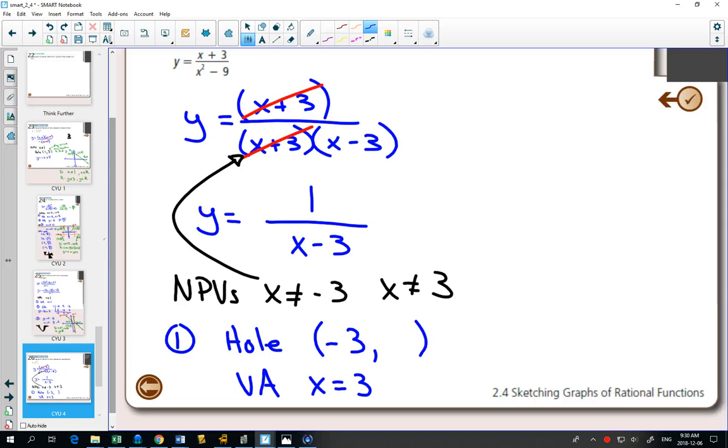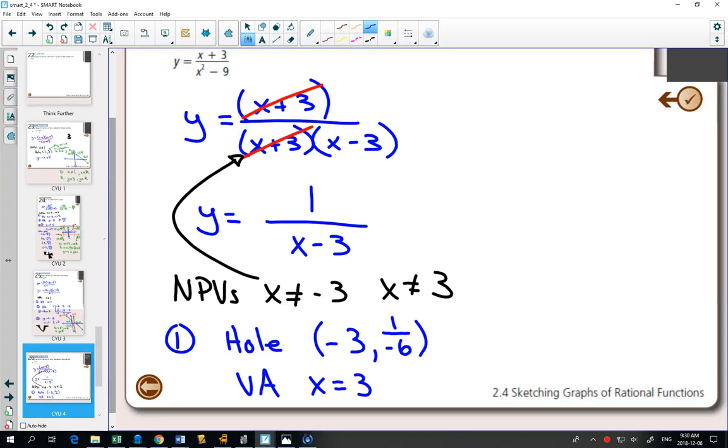Where is our hole? Negative 3, one over negative 6. How do we find the y-coordinate of our hole? We plug in negative 3 into our simplified equation.